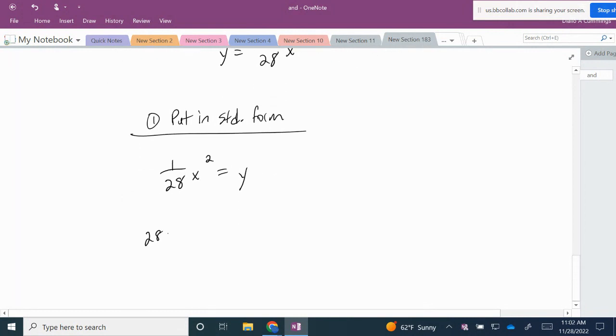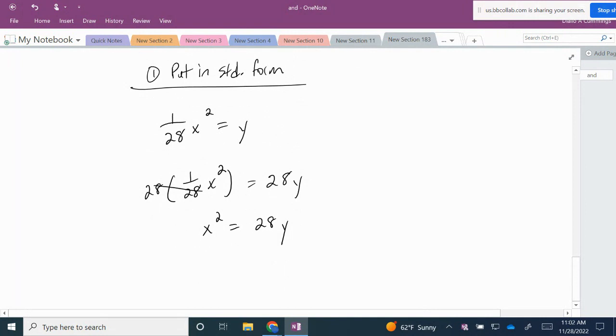I'm going to multiply both sides by 28. Right? Because whatever you do to one side, you must do the exact same thing to the other. So on the left-hand side, the 28's cancel. I'm left with x squared. And on the right-hand side, we have 28y.